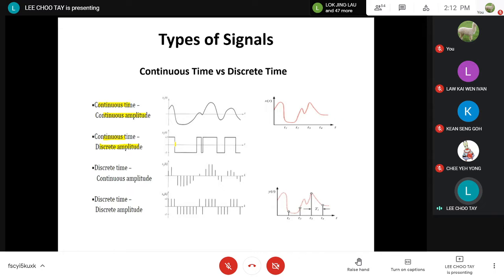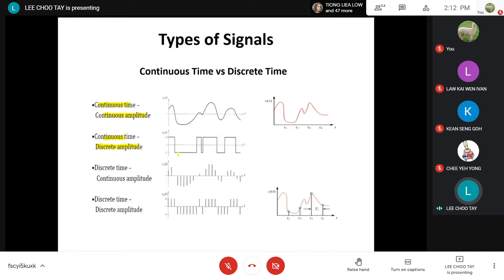But because it's discrete, in this example the amplitude is only allowed to exist in two values. Discrete means it can only hold certain values. In this example it is two. It can be more than two.